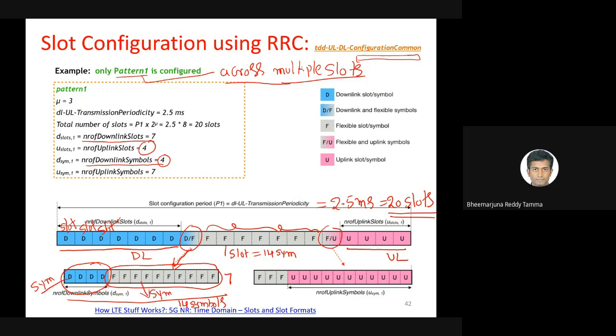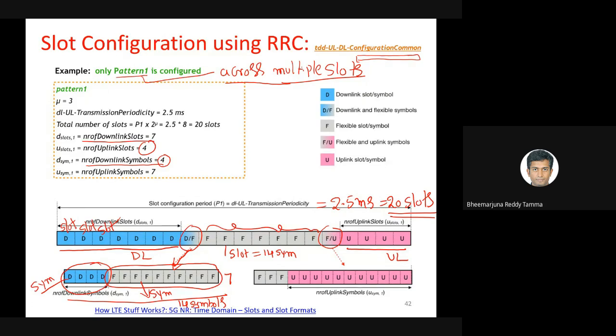What I'm saying is, at the base station, if you look at the slots in the case of TDD, the beauty of TDD is that I can use a slot for downlink or uplink, right? I have only one carrier. I can use a given slot for downlink or uplink.